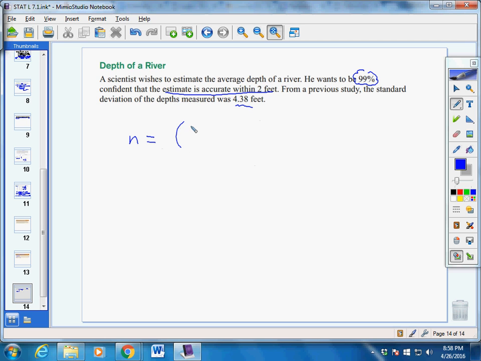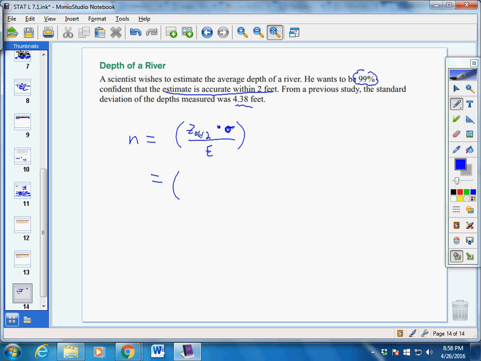The sample size is going to equal z sub alpha over 2 times our standard deviation, going back to the old way of writing standard deviation, over E. That looks pretty rough, but E is our estimate. So plug in what we know.